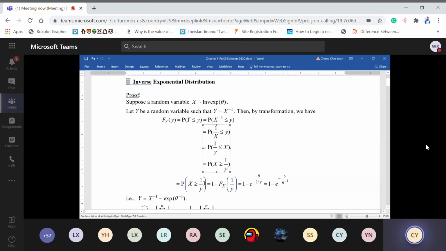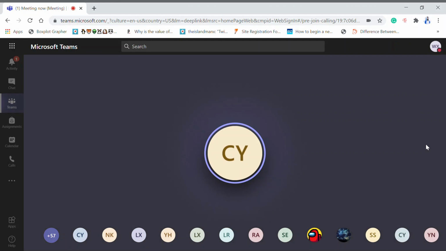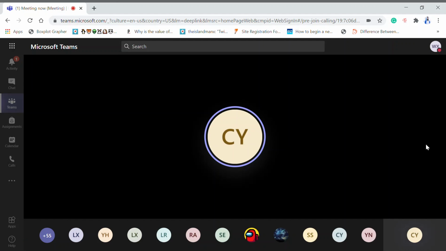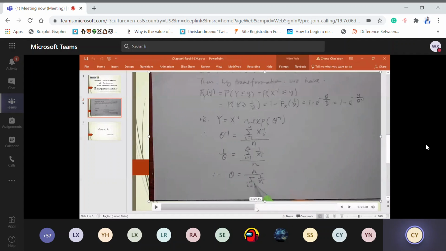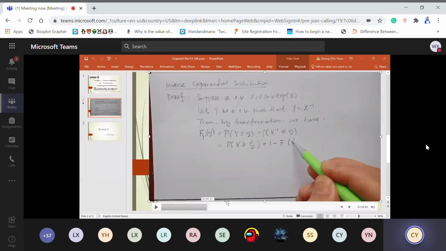Okay, so now we come back to the slide from just now, and we want to go to the example. We have proven this theta just now. I want to show what my theta parameter is for this inverse exponential.